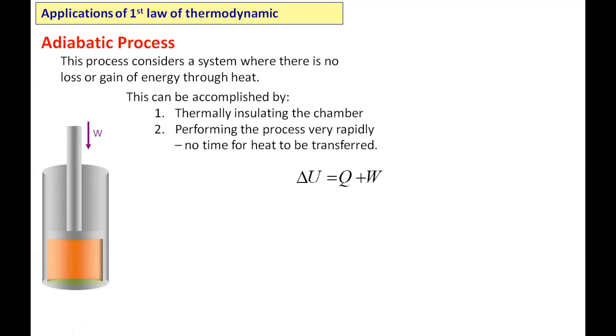And this is delta U equal Q plus the work. Since there is no time for heat to be transferred, this means in an adiabatic process Q equals 0 and delta U, the change of internal energy, equals the work.